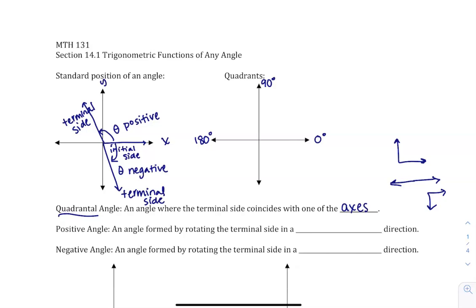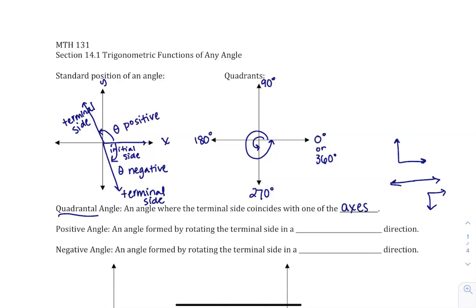But here's the thing, we can keep going. And so if we made it all the way to this negative y-axis, that would be a 270-degree angle. And if you make it all the way around, you could have a 0-degree angle, or you could actually define that as a 360-degree angle if it's gone all the way around.